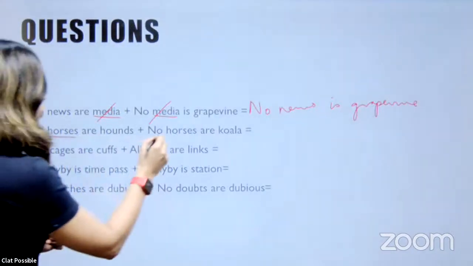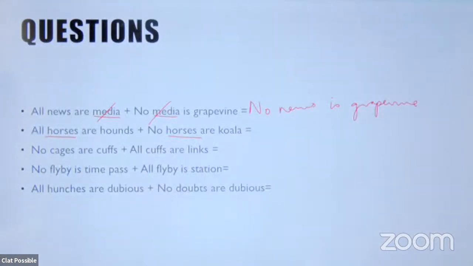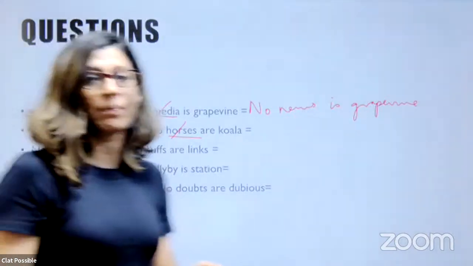The middle term is horses. But horses is the subject of all. So now I have to deal with, just write sum. The moment you see the middle term is written with all, write sum over here so you are not confused. The more you are disciplined, the better your technique will be and the more accurate your answering will be.